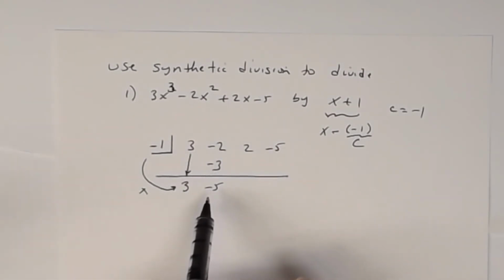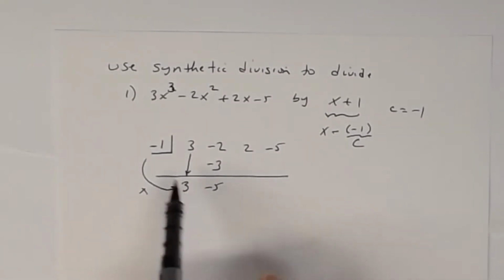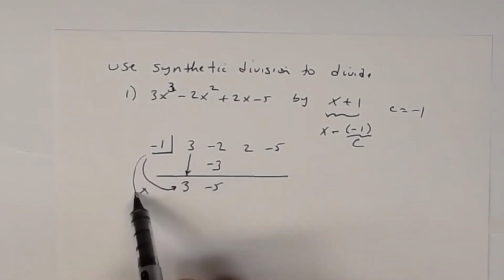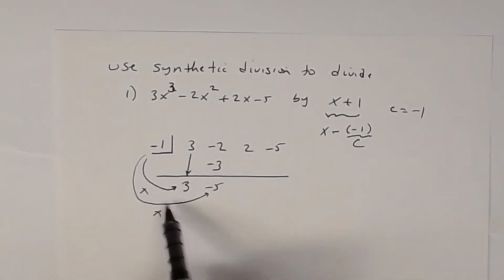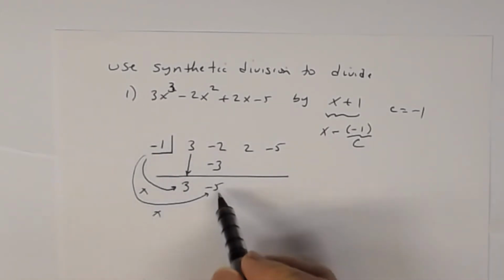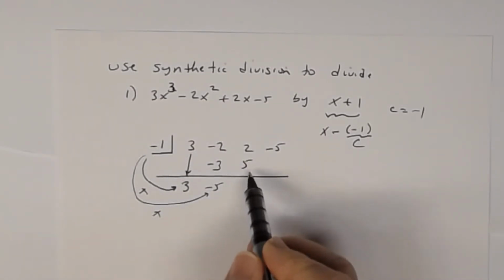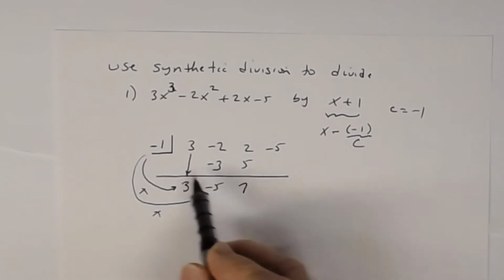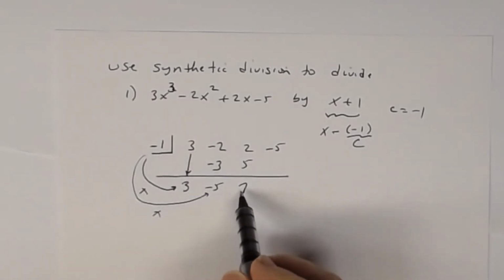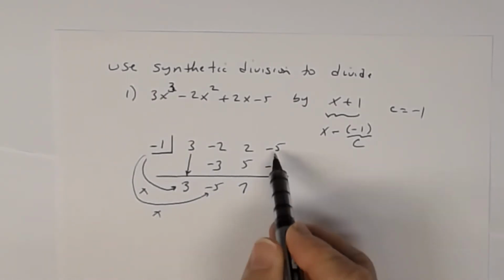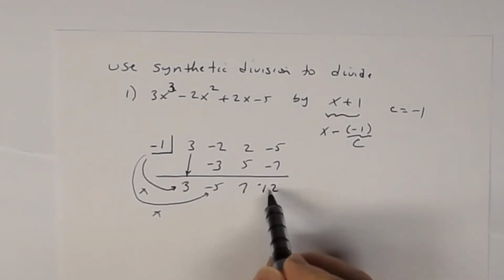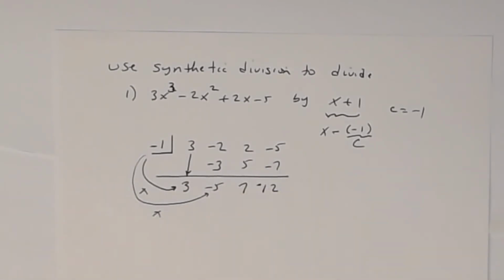Basically now we're in step 6 where you keep multiplying. Negative 1 times negative 5 is a positive 5, and then you add them up. Negative 1 times a positive 7 is a negative 7, and you add them up. And you're done.